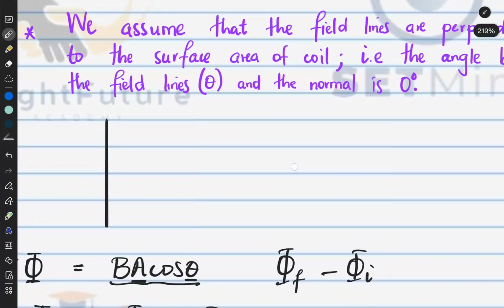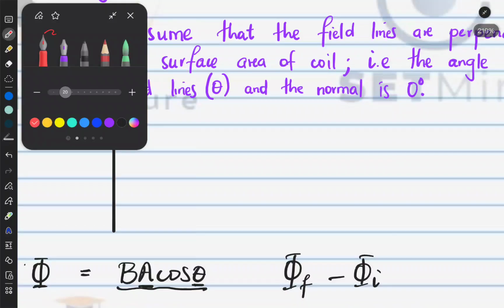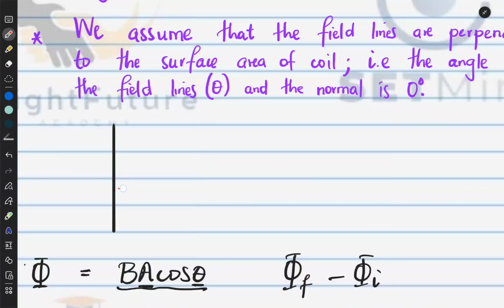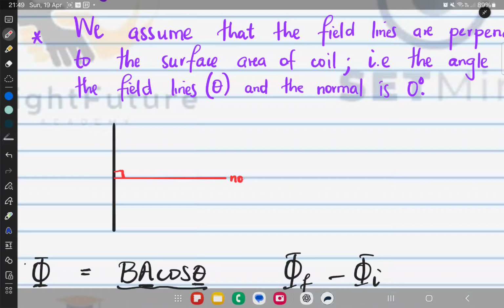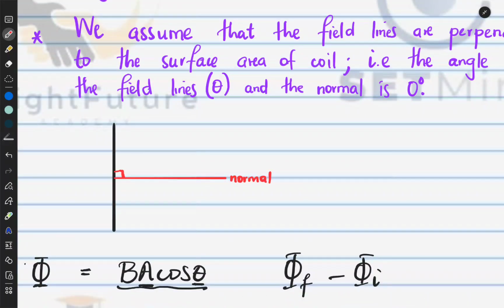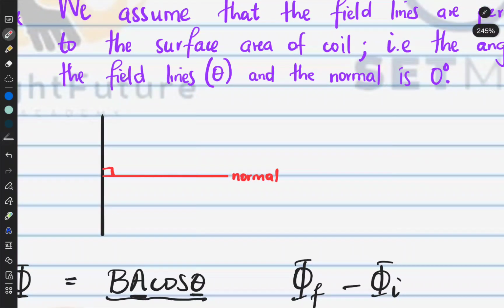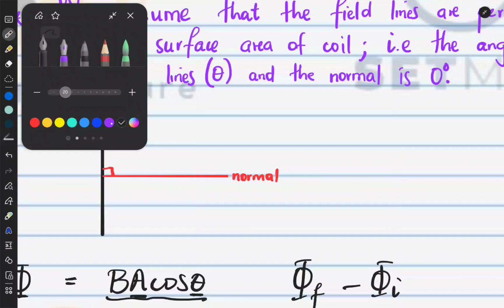This is our coil. Remember, the normal is usually just an imaginary line that's perpendicular to the coil. Okay, let me draw it as a solid line. This is our normal. It's a line that's perpendicular to the coil.